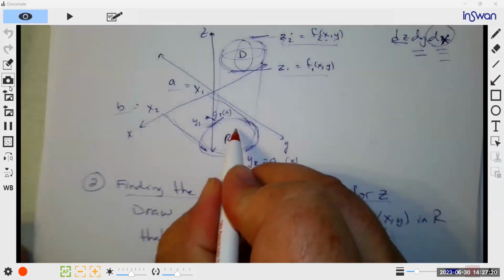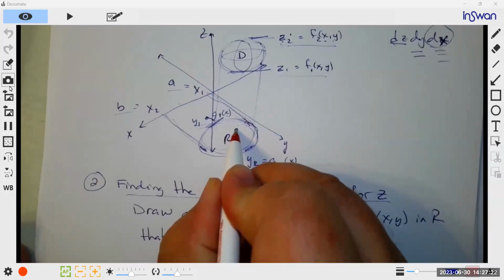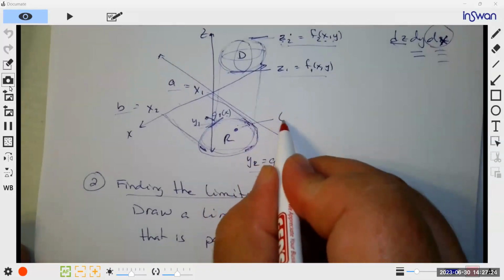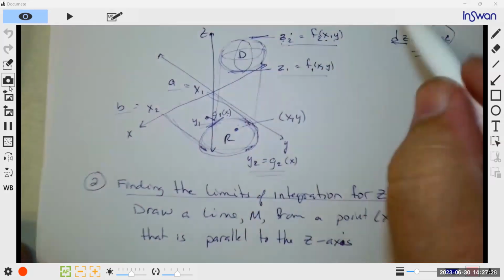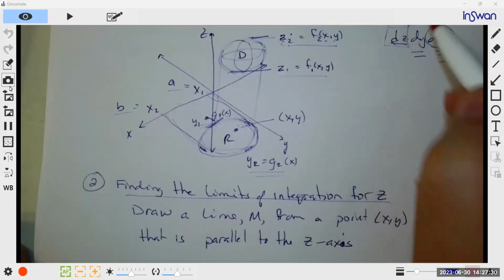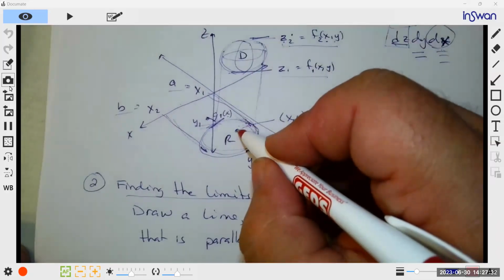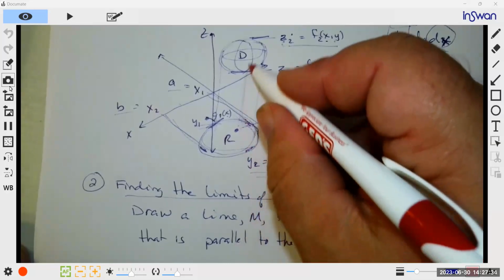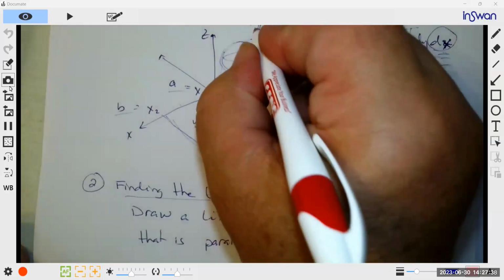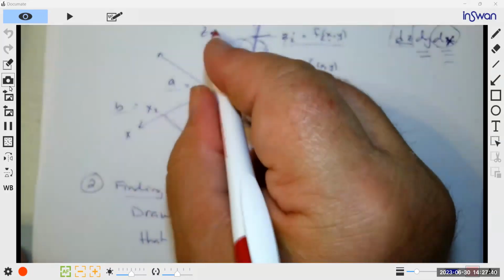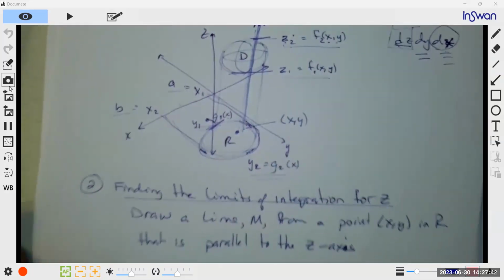So we pick a point in R. Doesn't matter where that point is. That point is X, Y. Since Z is our first bound of integration, we draw a vertical line. That's M. It's parallel to the Z-axis.